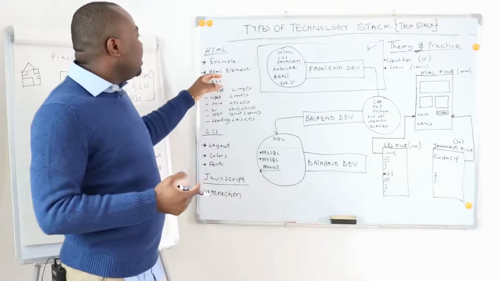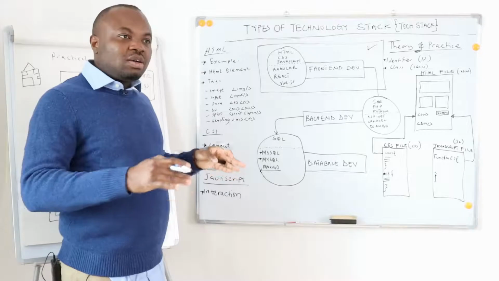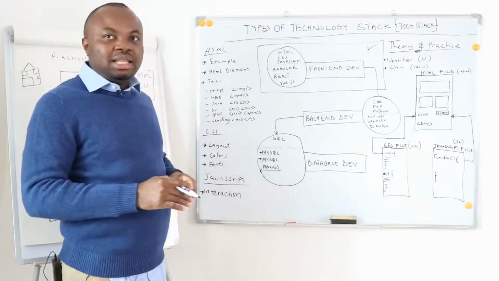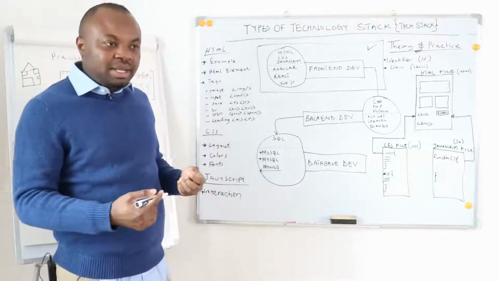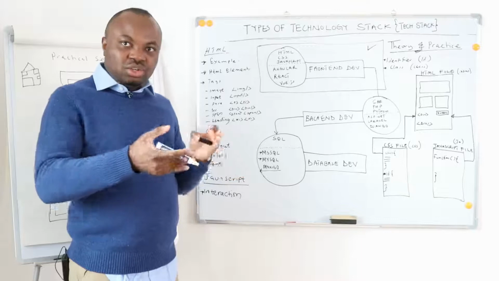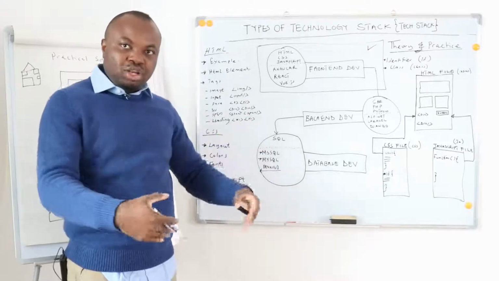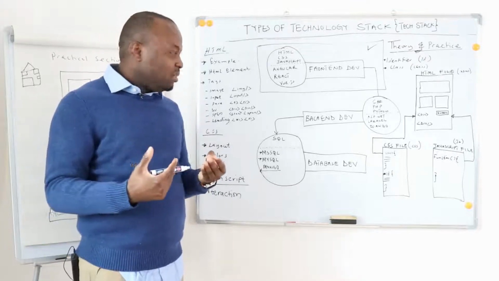And at the heart of your HTML is your HTML element. So your HTML elements specify the semantics or the language you can use to wrap the information that you want to display on the web. So let me say it again.